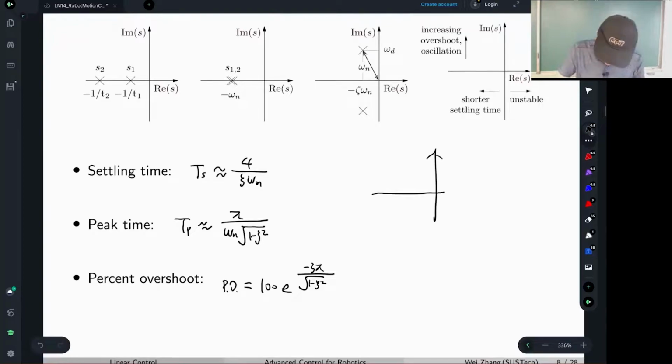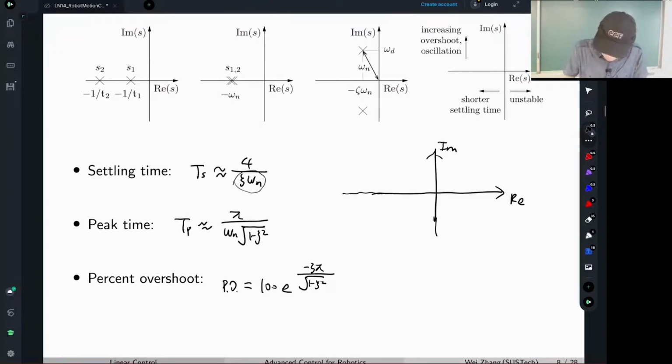If this is my complex plane, that's my real part, imaginary part. The bigger this guy is, the further away you are from the imaginary axis, the more stable you are, basically. Suppose you're here, that's negative zeta omega n. That's stable, and eventually converges to 0.